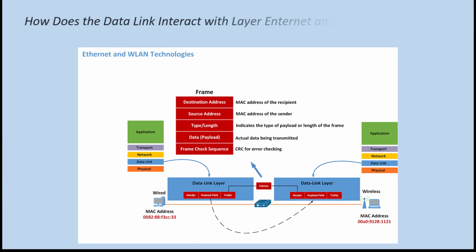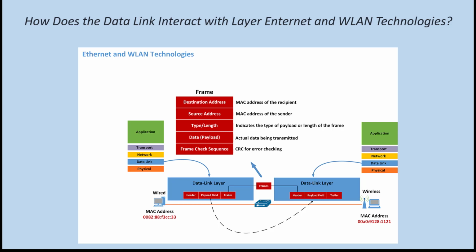How does the data link layer interact with Ethernet and WLAN technologies? Curious about how the data link layer makes things tick with Ethernet and WLAN technologies? Let's break it down. The data link layer acts as the bridge connecting the digital world to the actual network, doing things for both wired and wireless.